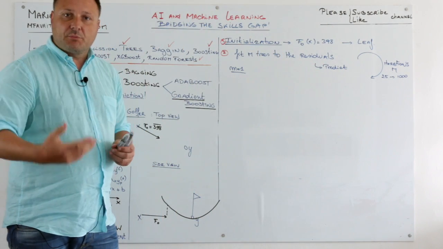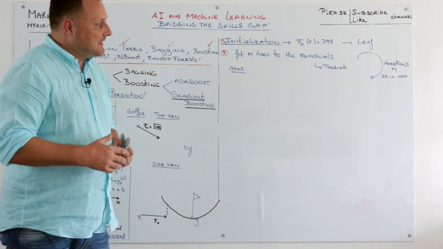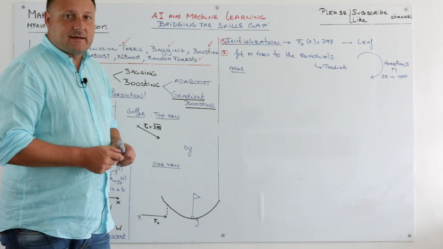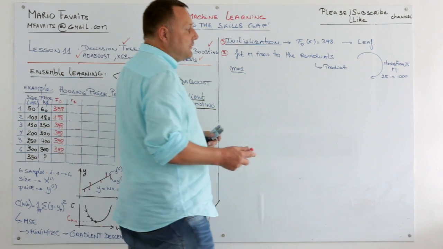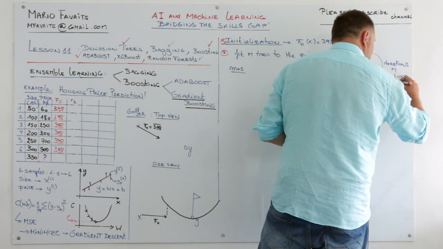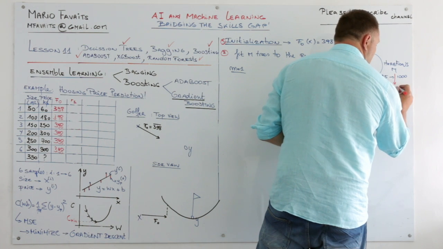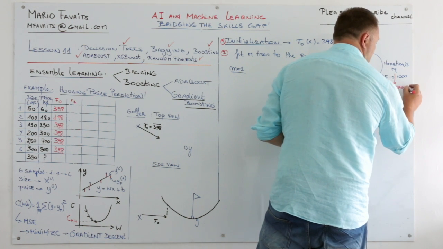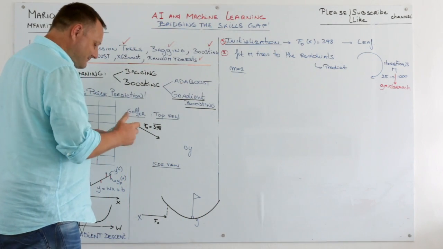So M is our hyperparameter, and it's something that as a data scientist we will have to decide. Practically, the way we will find M is by doing a grid search, which we will see in the coding exercise.